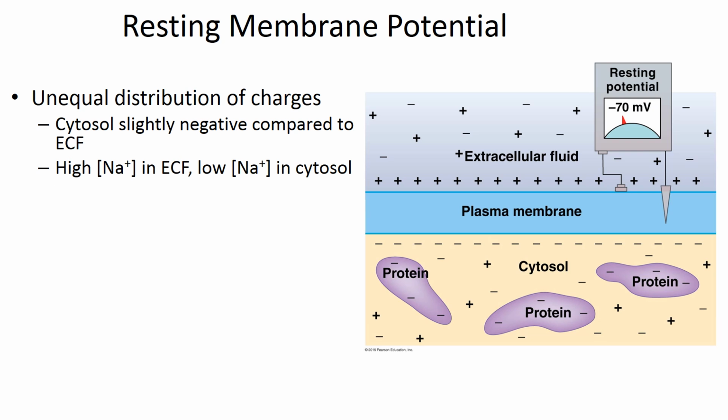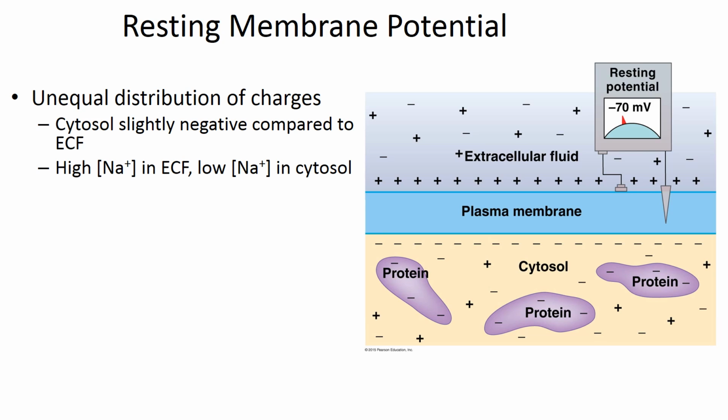Now, before we get into the neuromuscular junction and the sliding filament model of contraction, we have to talk a little bit about what the resting membrane potential of a cell is. The resting membrane potential is an unequal distribution of charges on either side of the plasma membrane. And as you can see in the figure, we can measure the resting membrane potential using a voltmeter.